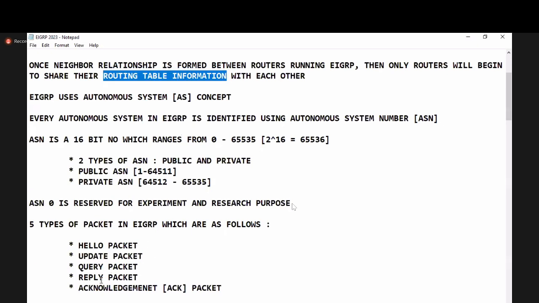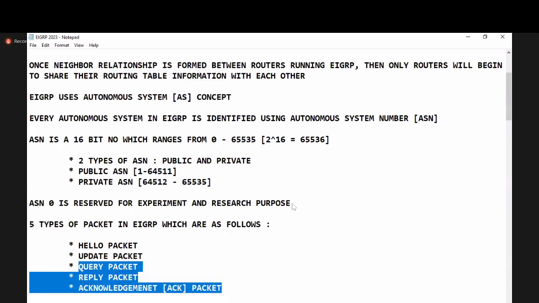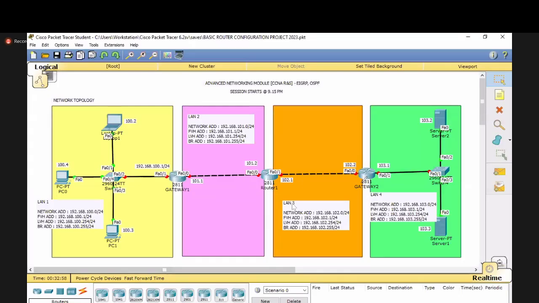Now, query, reply, and acknowledgement. These three packets are basically used in the situation when we have a network which is unreachable or not working, or down.